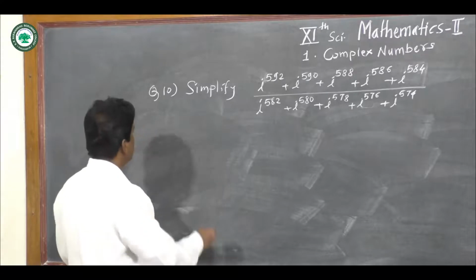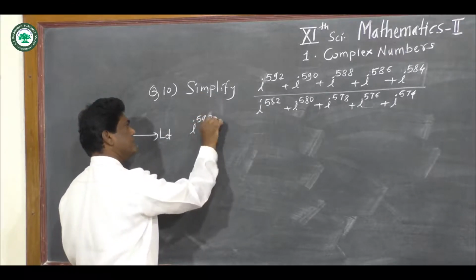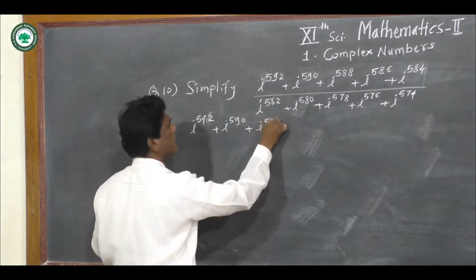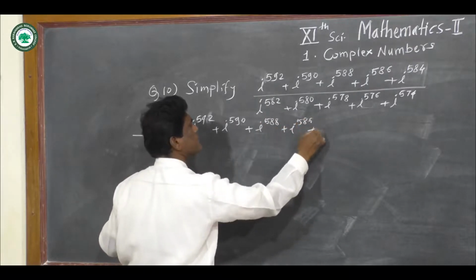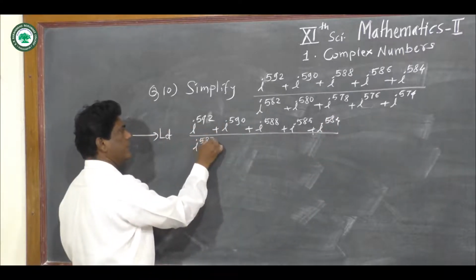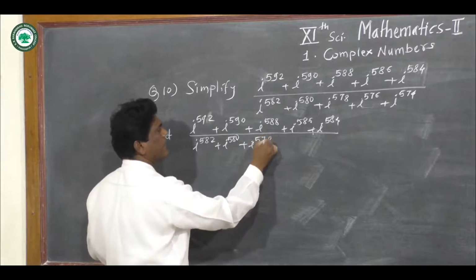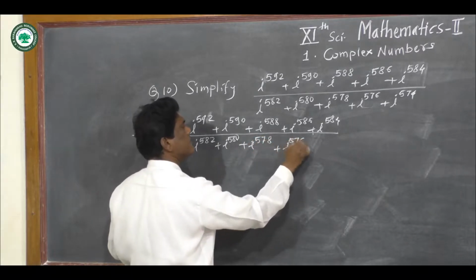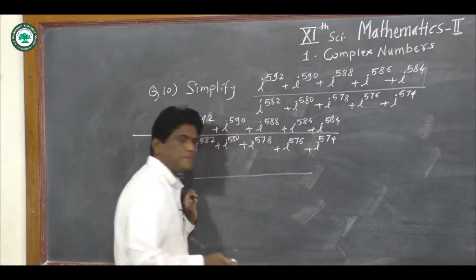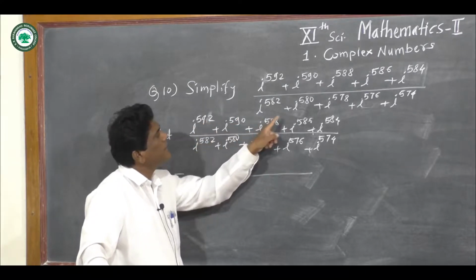So the solution: let (i^592 + i^590 + i^588 + i^586 + i^584) divided by (i^582 + i^580 + i^578 + i^576 + i^574). Observe the numerator: the powers of i decrease by 2, 92, 90, 88, 86, 84.